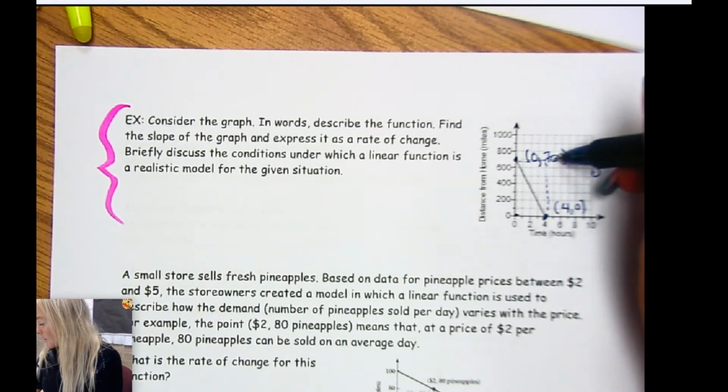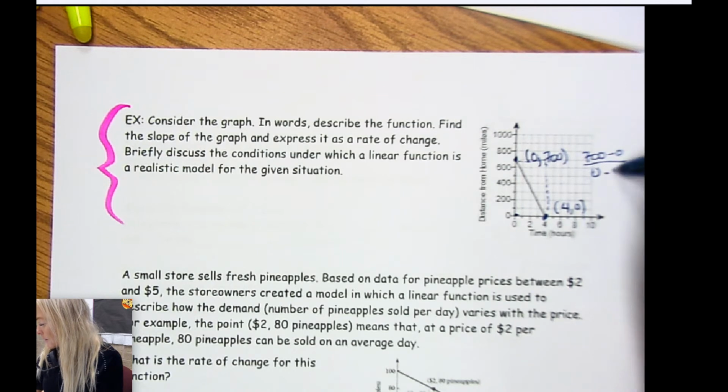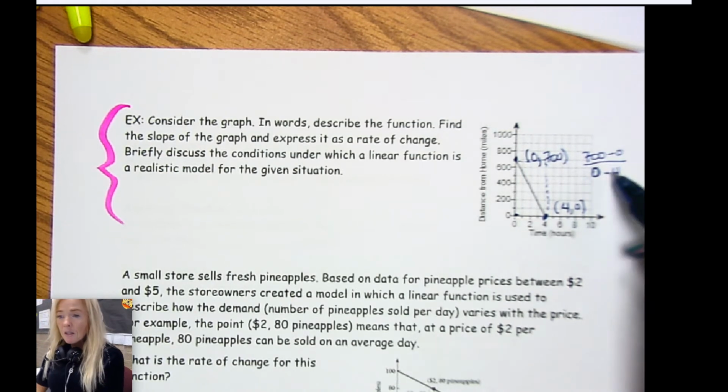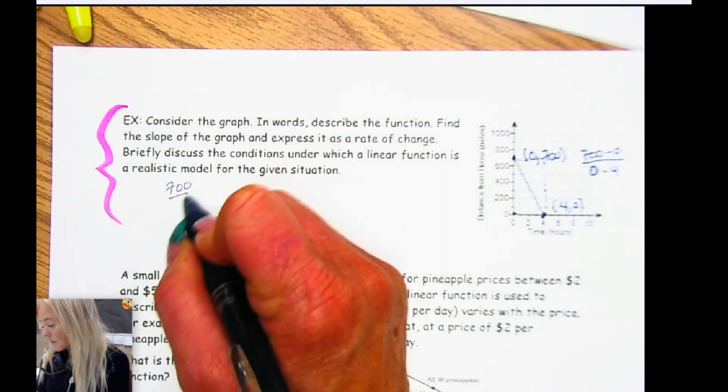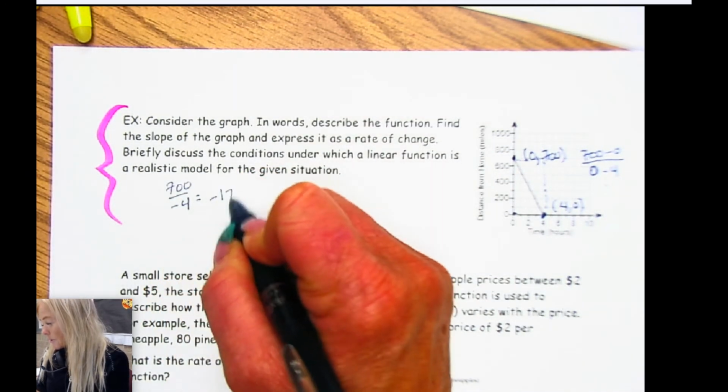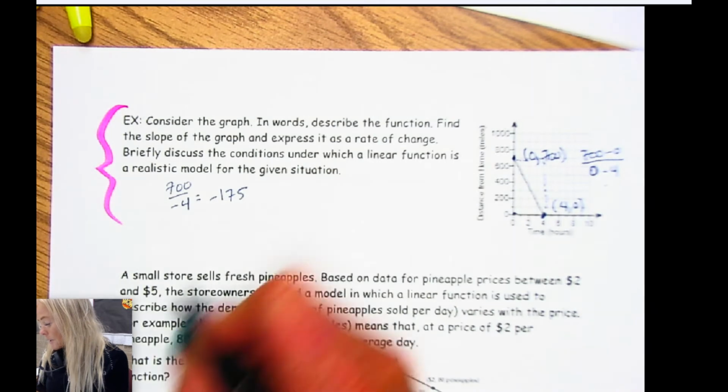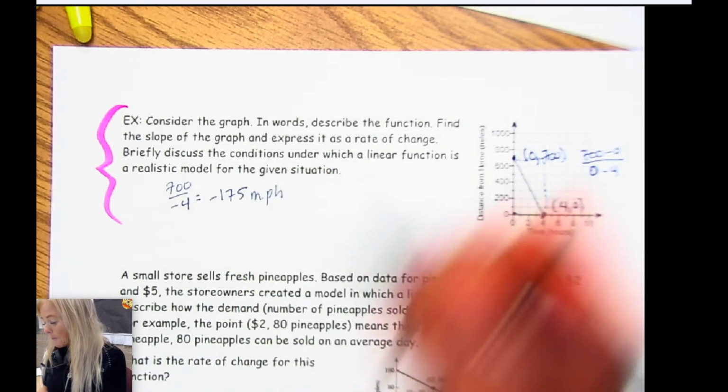So 700 minus 0, 0 minus 4. All right? And that's going to be 700 over negative 4, which is negative 175. And that's your rate of change, and it's in miles per hour.